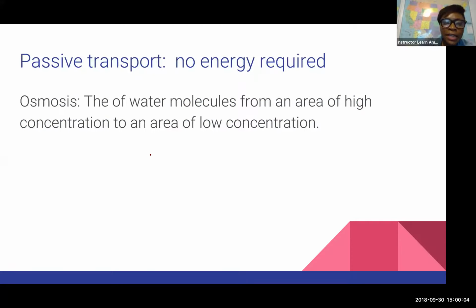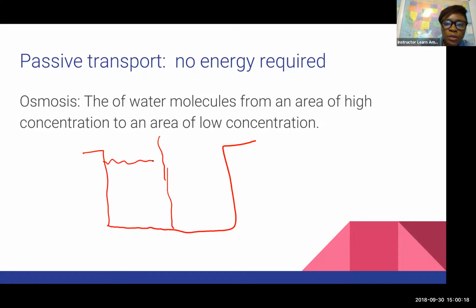So before I go on to that image, let me show you quickly. I have a concentration gradient right here, similar to the video we just saw. So if I have a solution here, I'm going to pretend this is my container, and let's say it's liquid and I have molecules in here.